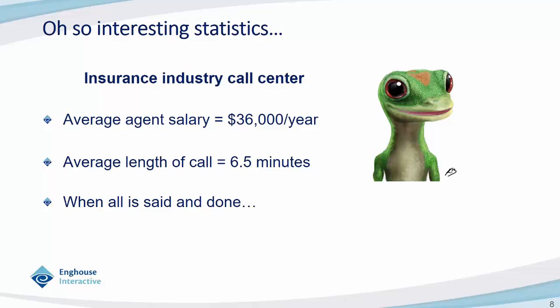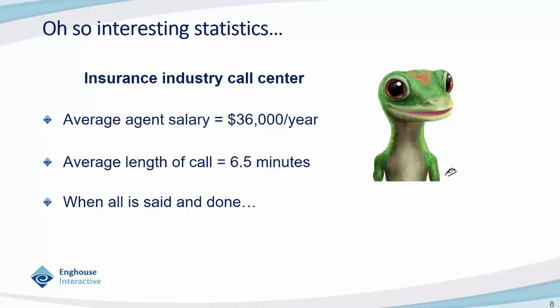Now, I realize these are averages, but let's just go with this for now. From those I've spoken to in the industry, it is about $36,000 a year. The average length of a call in the insurance industry call center is about 6.5 minutes.